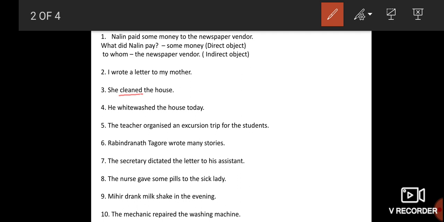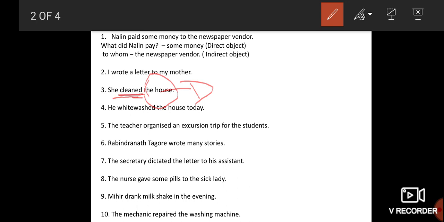If I say only she cleaned, then this verb is not completed in itself. ये जो clean है verb, इसका meaning खुद में पूरा नहीं हो रहा है. She cleaned. तो mind में क्या आ रहा है? What she cleaned. Then answer क्या है? The house. So this is direct object and cleaned is transitive verb.